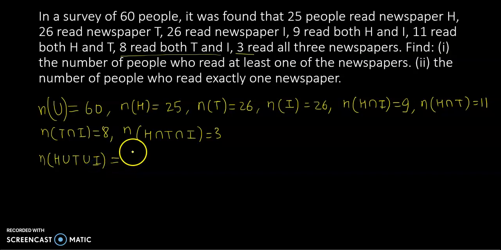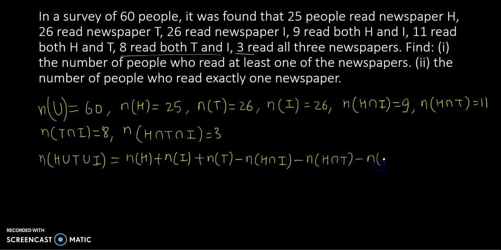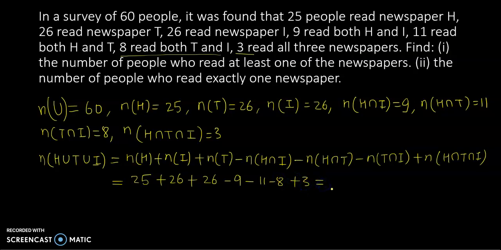We have already discussed in the previous lectures that this can be given by the number of people reading H, plus the number reading I, plus the number reading T, minus the number reading H and I, minus H and T, minus T and I, plus the number reading H, T, and I. So I'm going to simply substitute the values here: 25 plus 26 plus 26 minus 9 minus 11 minus 8 plus 3, and that gives you a very simple result of 52.